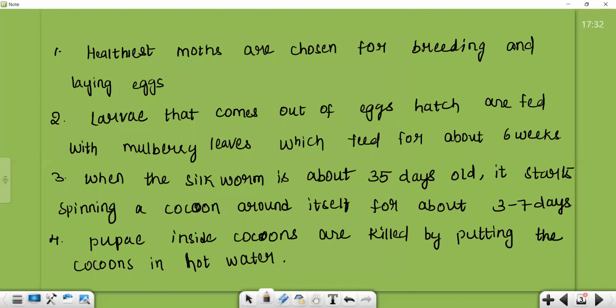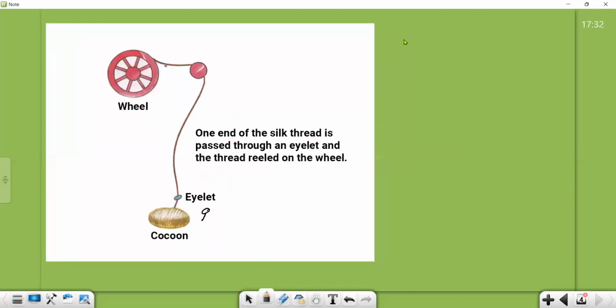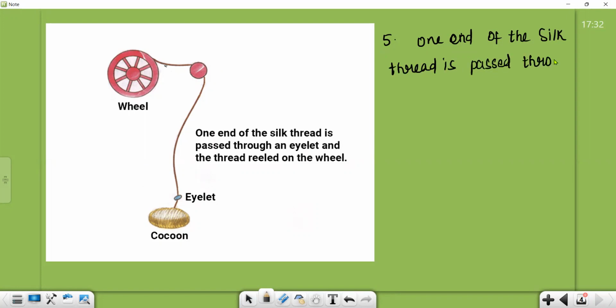We remove the cocoon from the insect and then one end of the silk thread is passed through an eyelet.